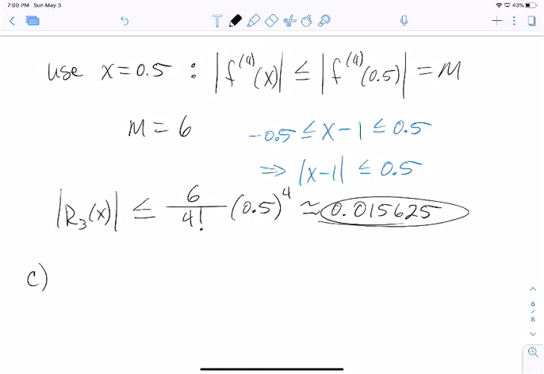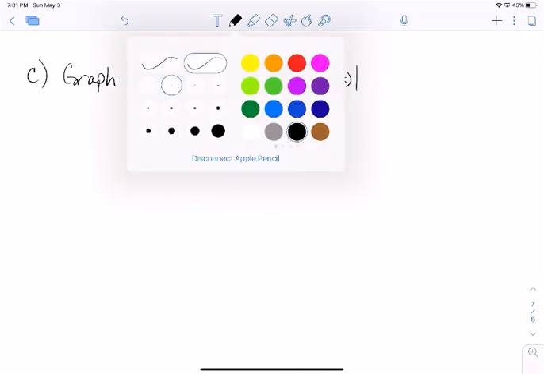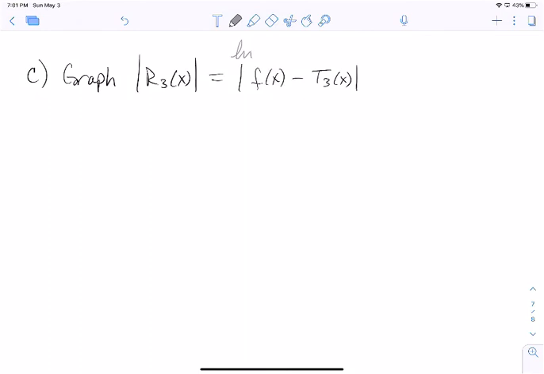For part C, we're supposed to graph the absolute value of R sub 3 of x, and remember that that equals the absolute value of f of x minus T sub 3 of x. f of x was our original function, the natural log of 1 plus 2x, and T sub 3 is what we just found.